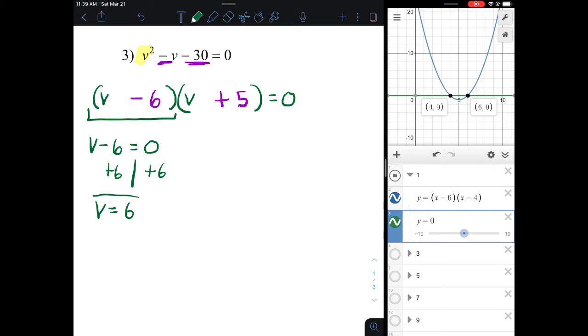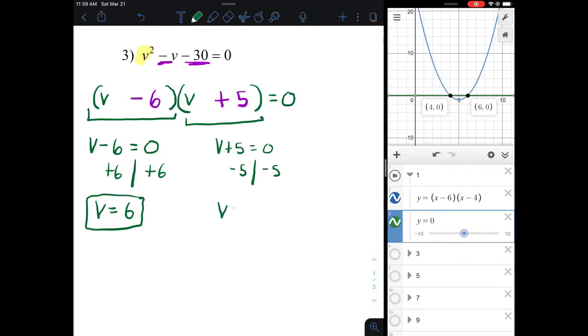So if I put in positive 6 for v, it'll make the whole problem equal 0. And I do the same thing again for the v plus 5. So if I zero out the factor of v plus 5, then that was going to make me multiply by 0, and therefore zero out the entire problem. So I'd subtract 5 to the other side.